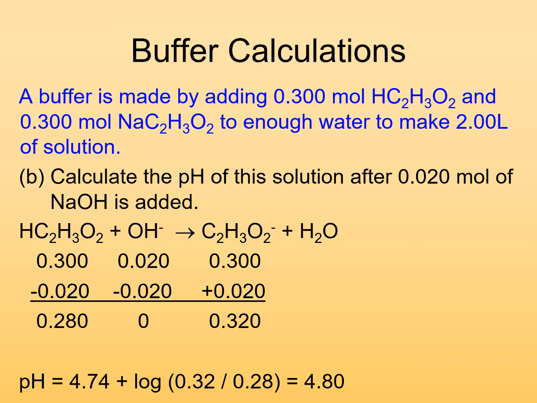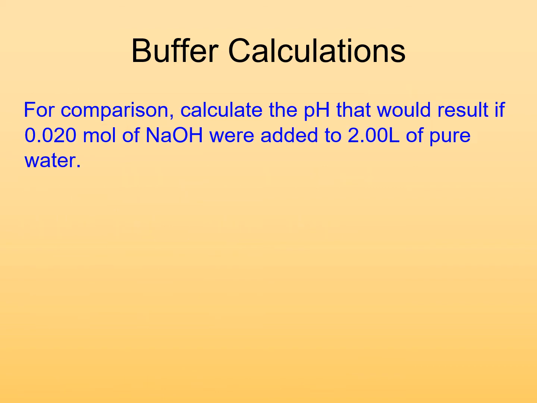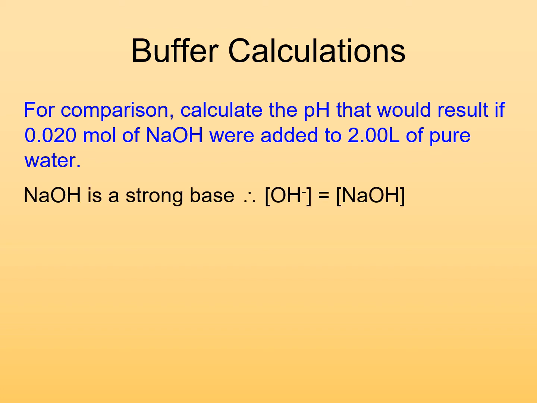And how you can see this is if we compare what this would look like to if we just added the base straight to water versus adding it to that buffer solution. So remember, sodium hydroxide is a strong base, therefore it is going to completely ionize.